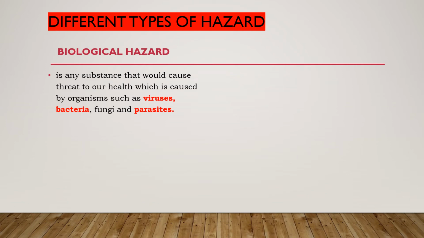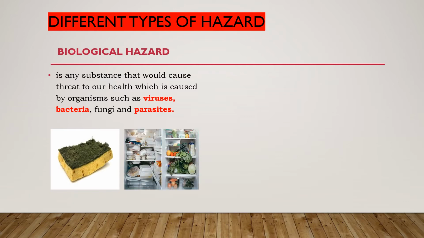Biological hazard is any substance that would cause a threat to our health which is caused by organisms such as viruses, bacteria, fungi, and parasites. Examples of biological hazards are dirty sponges that can spread bacteria around the kitchen, bad storage habits in the refrigerator, mold, fungi, harmful plants, sewage, and airborne pathogens such as the common cold.